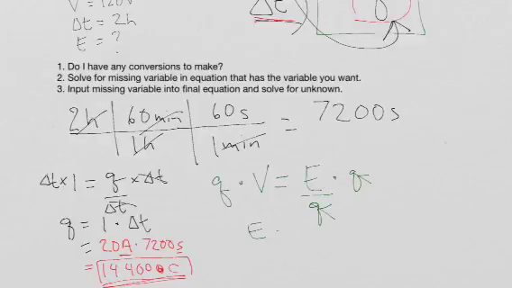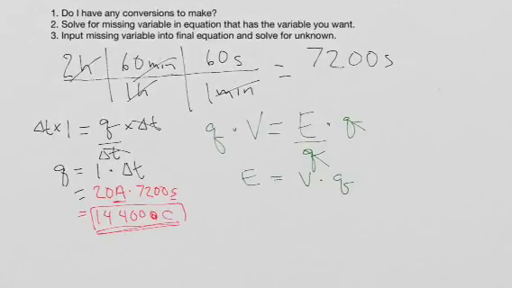E will be equal to potential difference times Q. Do I have my potential difference? What is it? 120 volts times 144,000 coulombs gives me what?